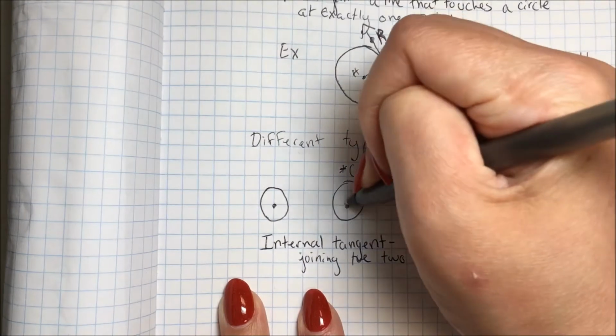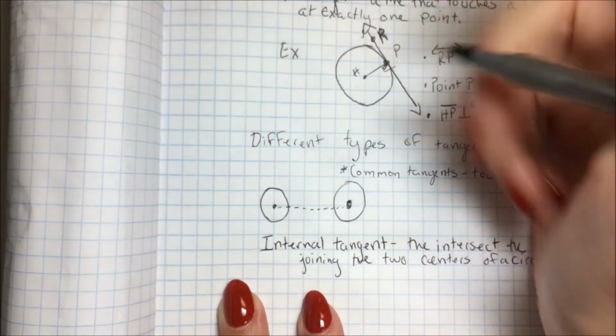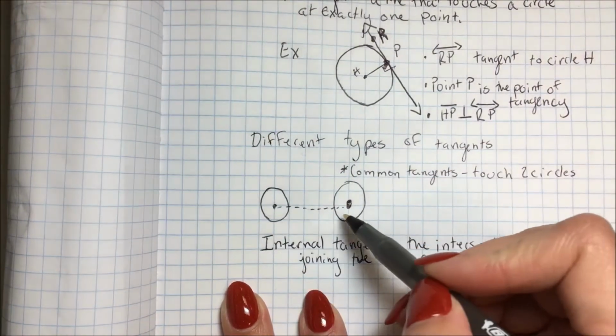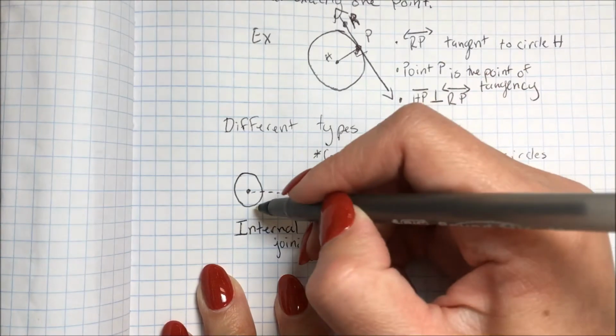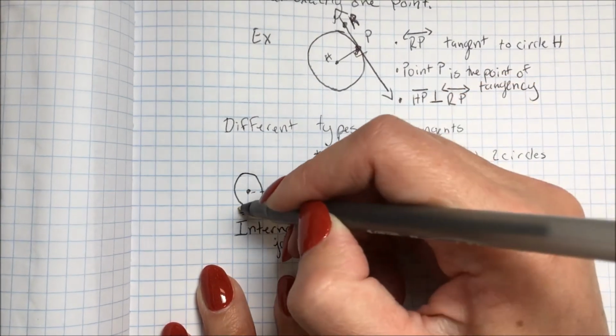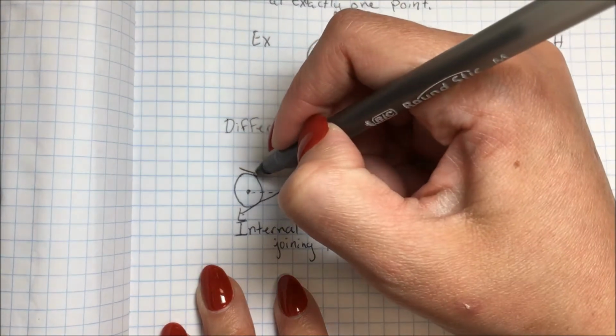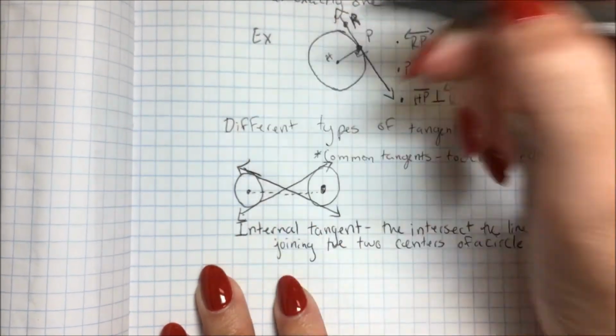So if I were to imagine, I've got these two circles right here, and if I were to draw a dotted line between them, that's the line connecting those two circles. Internal tangents would look like this. Both of these are internal.